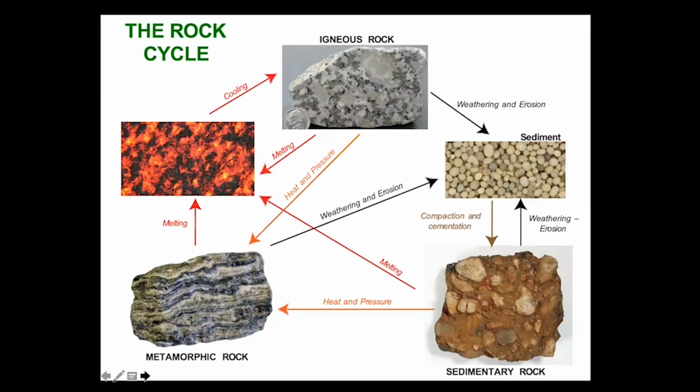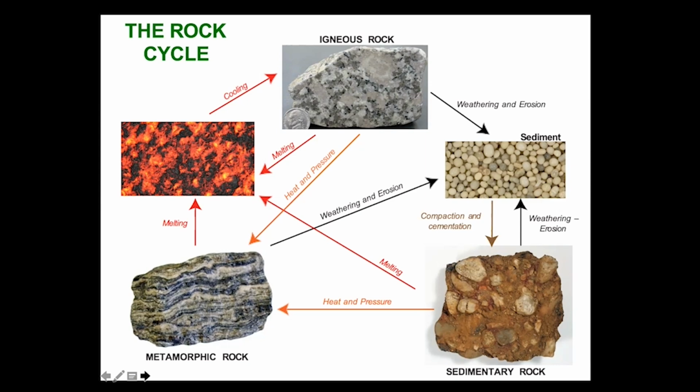So here we return to where we started. I've shown you the different types of rocks and shown you, in effect, that we can start with the sediment, form a sedimentary rock, apply heat and pressure to it, form a metamorphic rock, which melts, producing a magma that forms an igneous rock, and then we can keep on going round in that circle.